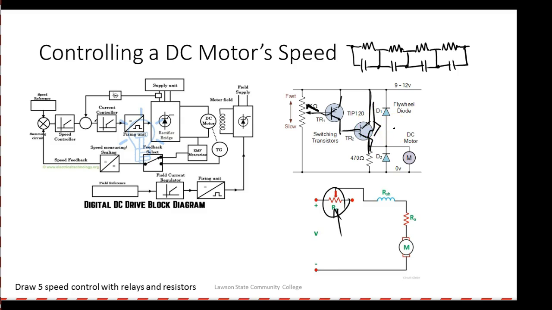But it's still got an R value. It's just that now we're controlling the R electronically. So if you run these things at real low speeds, those transistors get hot again, right? You understand? So they tried to come up with a method where we vary the voltage using another method.